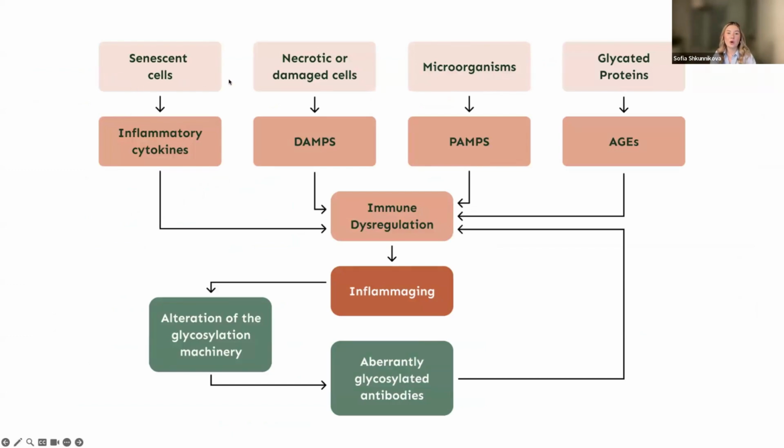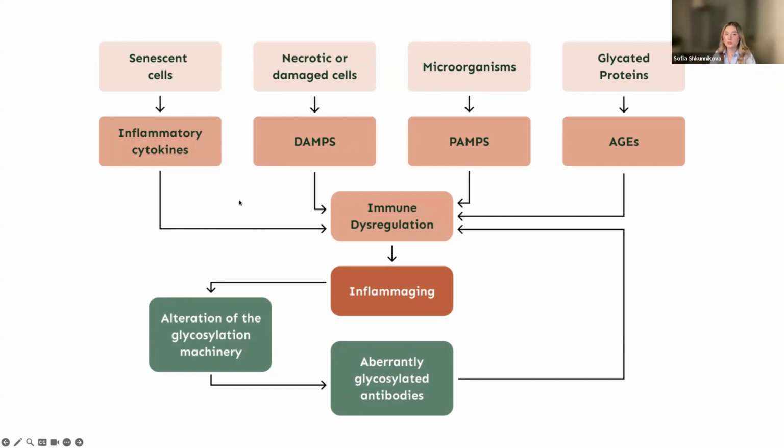You'll see that we already discussed all of this. So both senescent cells, which will release inflammatory cytokines, necrotic or damaged cells, which will release DAMPs, microorganisms, which will release PAMPs, and also glycated proteins, which will release the advanced glycation end products. All of this will cause immune dysregulation and will lead to inflammation.